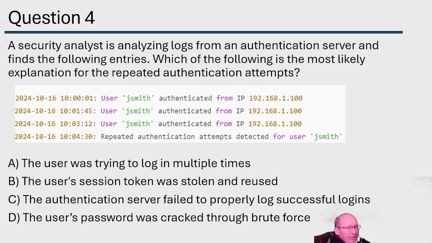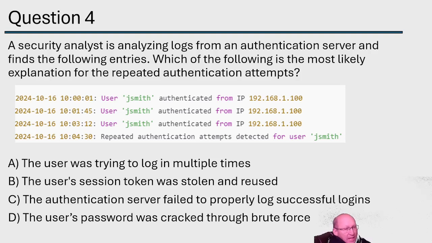Now, real question is, does B make more sense than A, right? And this is really where the conundrum comes into play. So if you guessed A, that this is normal traffic from a normal user, right? And the user was just trying to log in repeatedly from the same account or from the same IP address, you would be incorrect. Why?